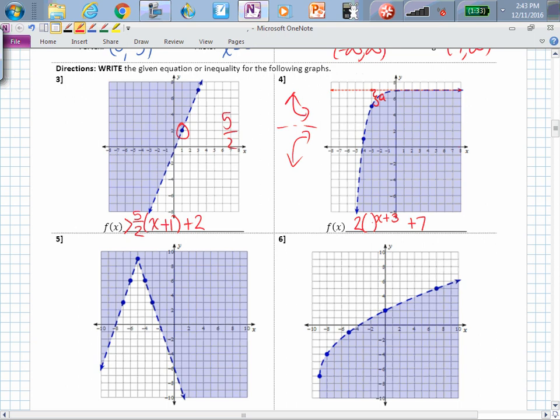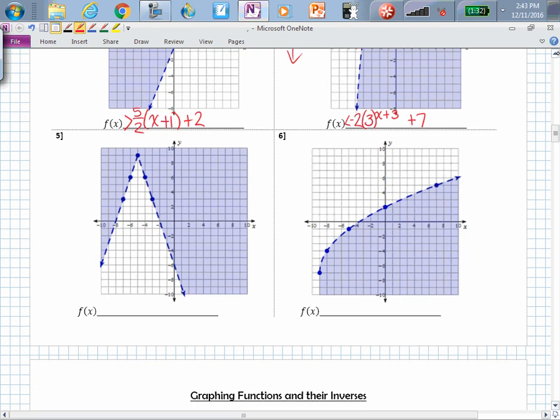I just have to decide what the base is, and the base I find from this next value is a times b, so that's 1, 2, 3, 4, 5, 6. That was 2, so then b must be 3. And we're going down the way, so I have to make it negative as well. So let's just double check. We moved left 3, up 7, stretch of 2, and then base is 3. This time, I forgot, this is going to be less than, squeeze that in there, less than, because it's below.